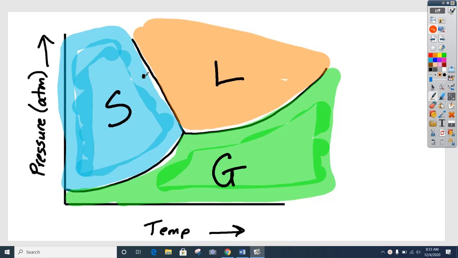Okay, anytime you change from a solid to a liquid, we could do that by keeping the pressure constant and increasing our temperature, or we could do that by keeping the temperature constant and increasing the pressure. So anytime you cross from solid to liquid, this represents melting.